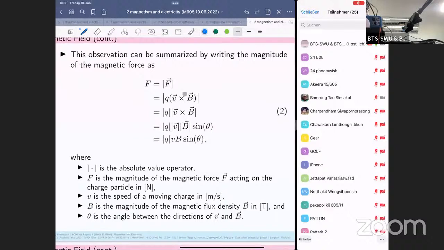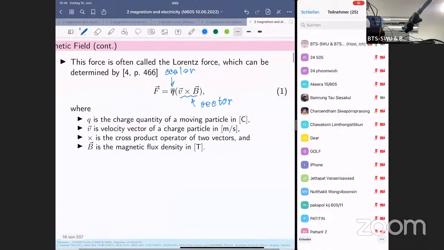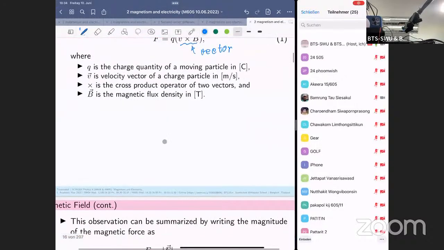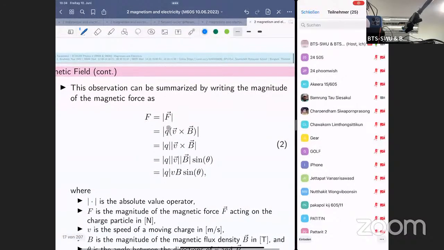The magnitude of the force will be only the absolute value of the vector version. As you know, we have q times the parentheses v cross B, right? This scalar and the cross product of the vectors. Once the absolute value operator covers those two components, of course we have scalar and vector.